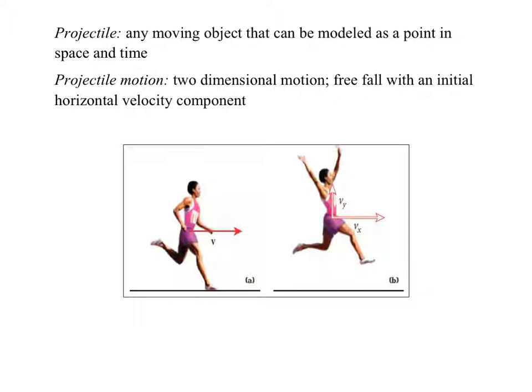So projectile motion, we're just going to talk about two-dimensional motion. The second part we've already seen, free fall with an initial horizontal velocity component. Let me underline that. We've seen this yesterday. It just means that it's fired horizontally. So this is the example where there's an object at a height and it's fired outward, because it would follow a parabolic path. That would be the path of the projectile here.